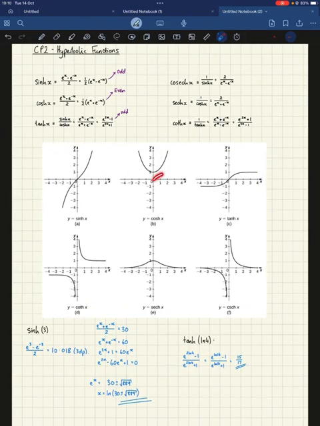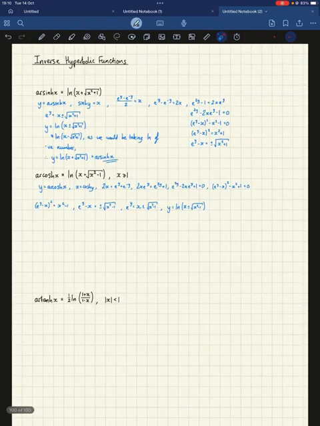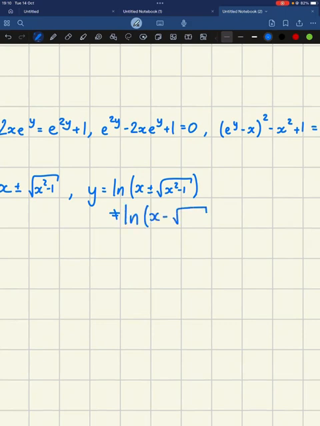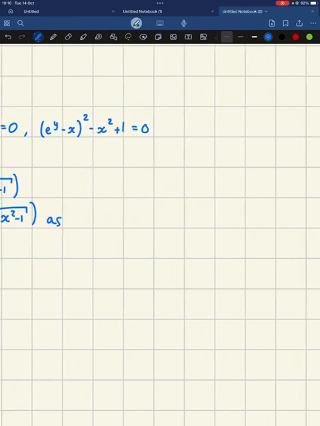So here it's positive, therefore this has to be positive. So it's not going to be ln of x minus the square root of x squared minus 1, as arc cosh x is positive.